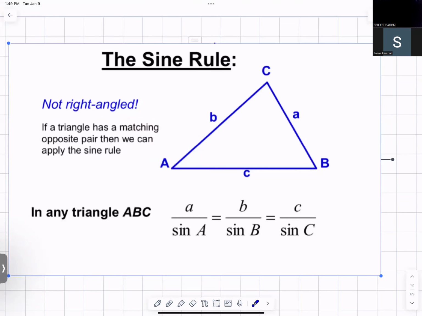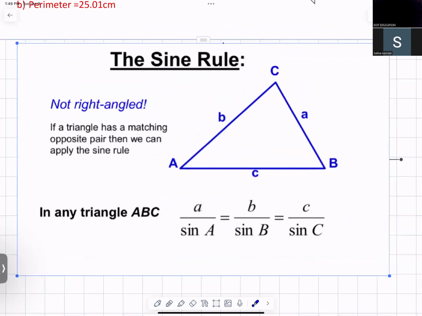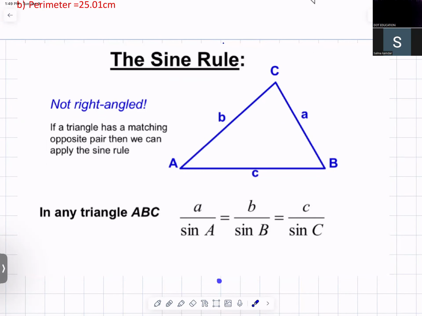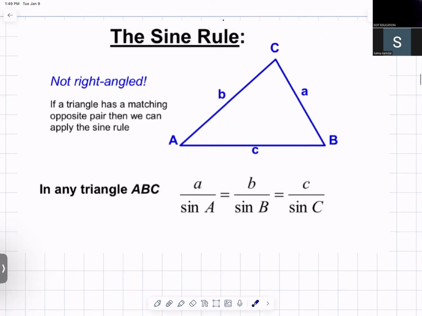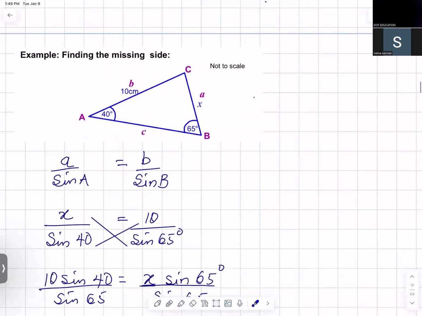Take note again, it is not applicable to your right angle triangle. It is for a triangle that has pairs of matching opposite sides. Have that in mind. So we are going to try an example here.